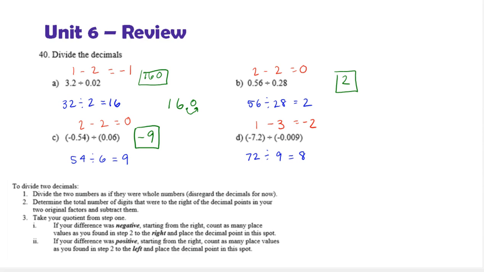So that means we're going to take our 8. Remember, when the result is negative, we're going to move 2 to the right. So 1, 2, which means our final answer is 800. We had signs, so I just wanted to check this. It was a negative divided by a negative, which is positive. So our end result is 800.